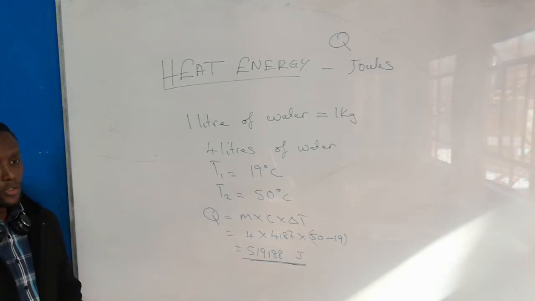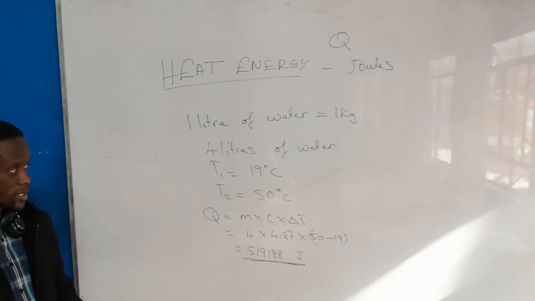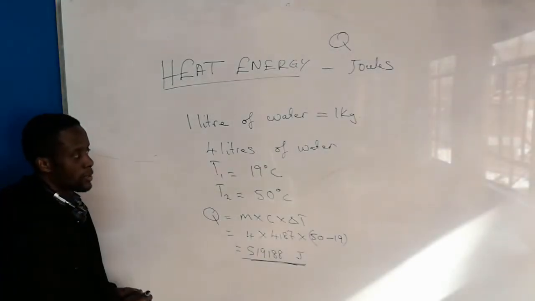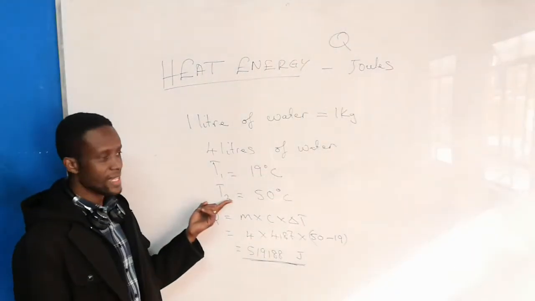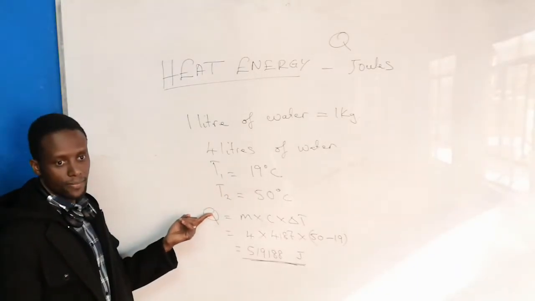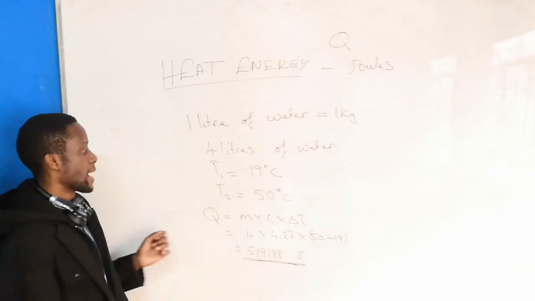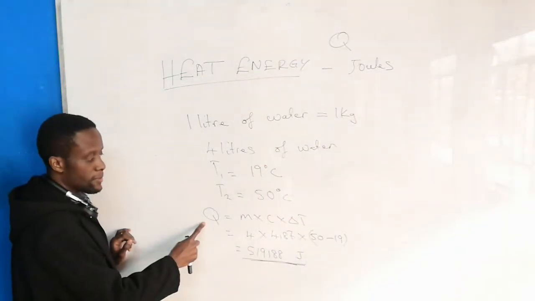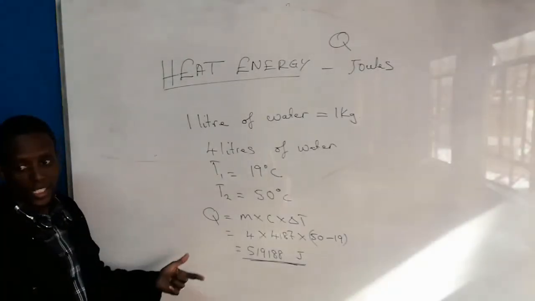Now, it is not always that we heat up something. It is not always that you are boiling water. Sometimes you let the water cool down. When you are cooling something down, your T2 will be less than your T1. You will get a negative answer when you calculate. It means the substance was losing heat energy.